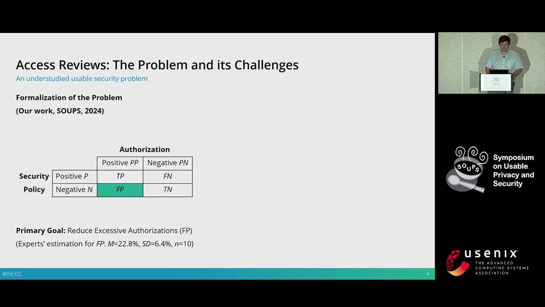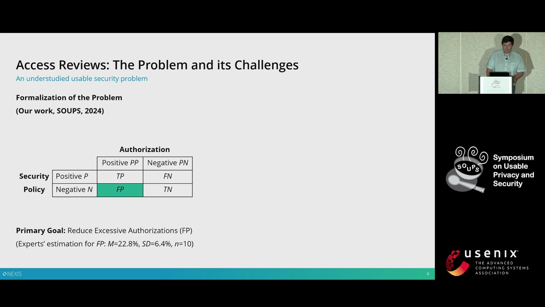So basically, access reviews: we formalized the problem and the term access review within our paper using confusion matrices. On the left side, you have security policies, which are access control policies which should be there, like the aim we are targeting, and authorizations are things like roles, which actually implement these security policies.